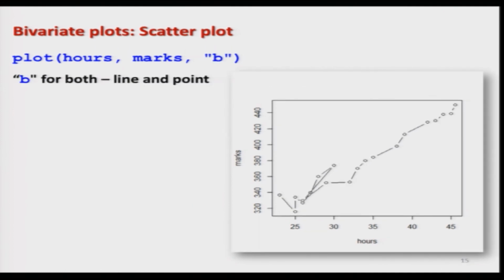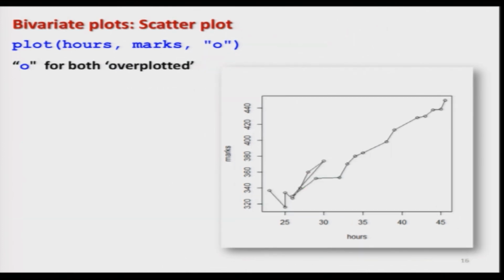And if you want both points and lines, then you have to give type is equal to B. You can also write type is equal to, within double quotes, B. So B means both lines and points are there. For example, you can see these are my points and these are my lines and so on. Okay.